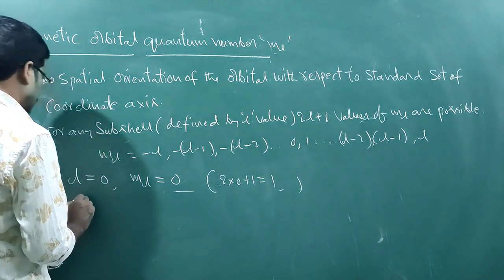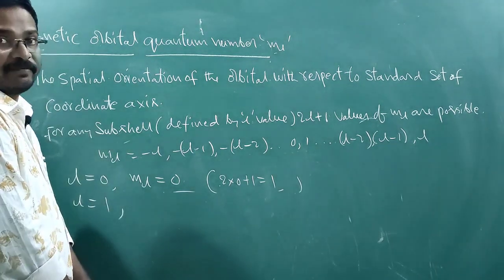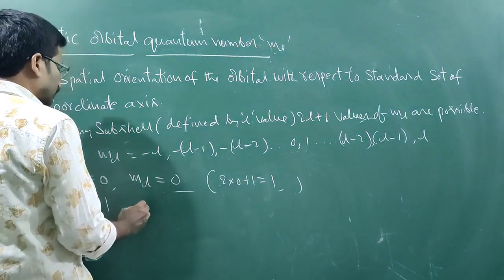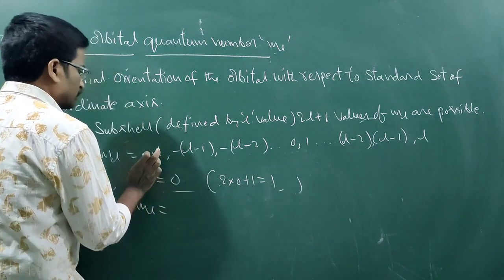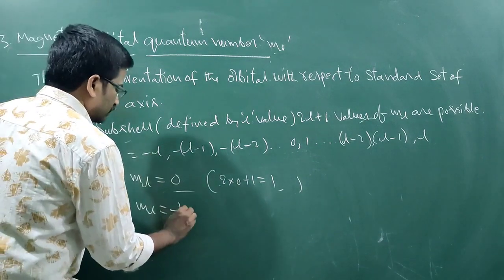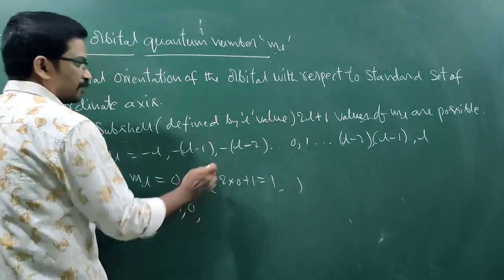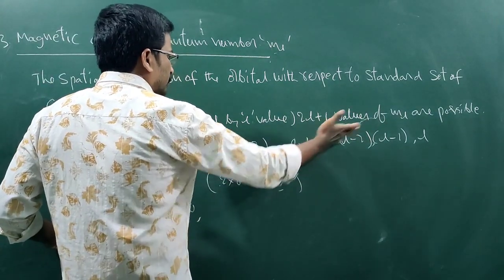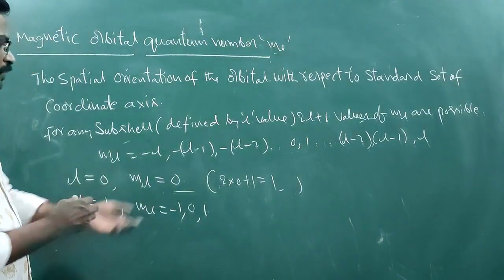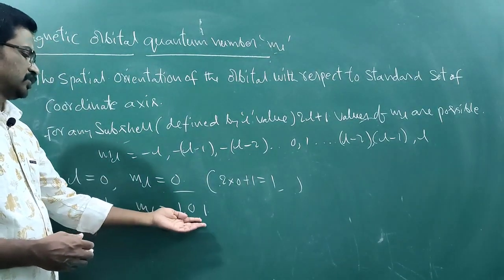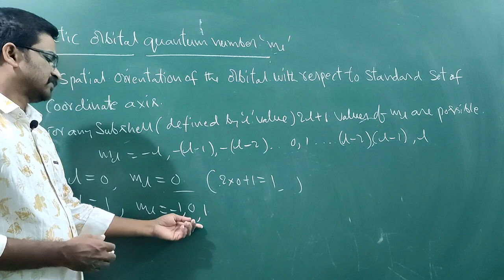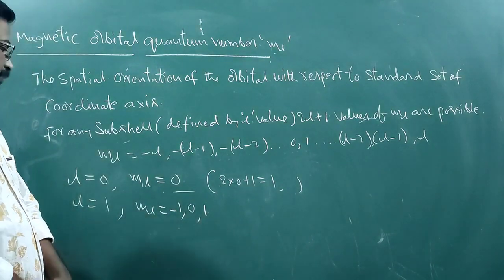Like that, let us understand L is equal to 1. Then the ML values are minus 1, 0, and 1.